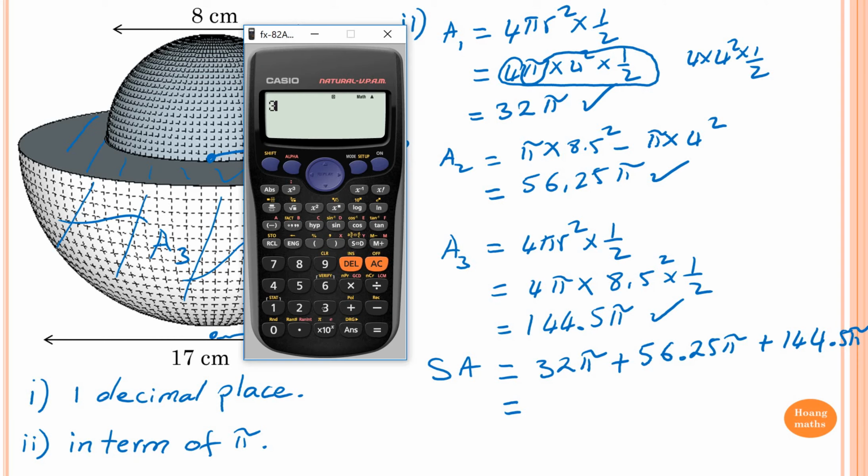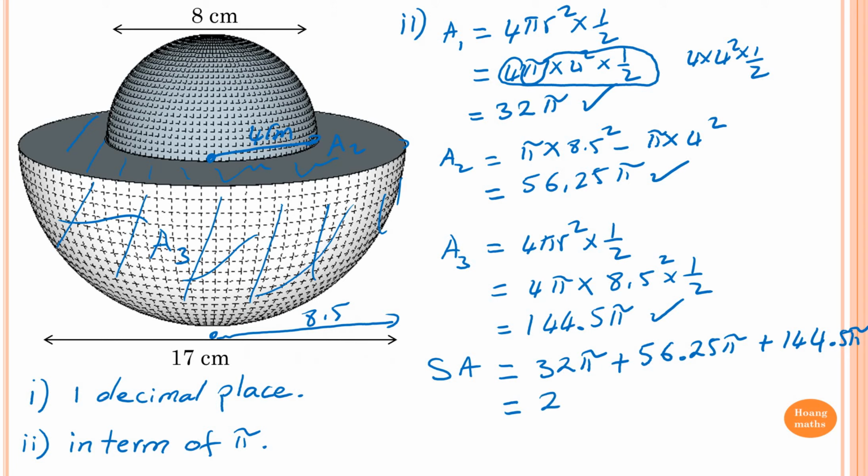So 32, just collecting like terms, that's all. 32 plus 56.25 plus 144.5 is equal to 232.75. So 232.75 pi centimeter squared.